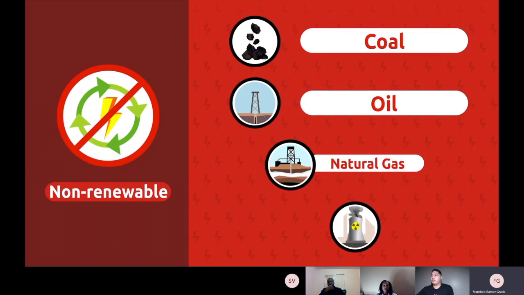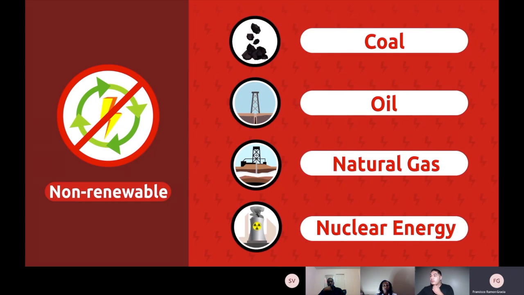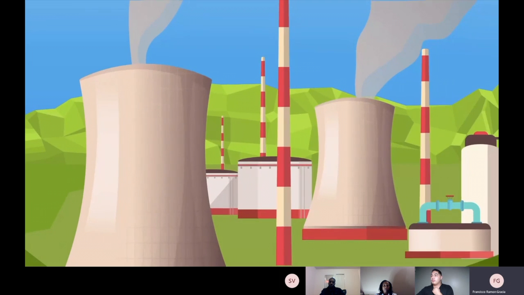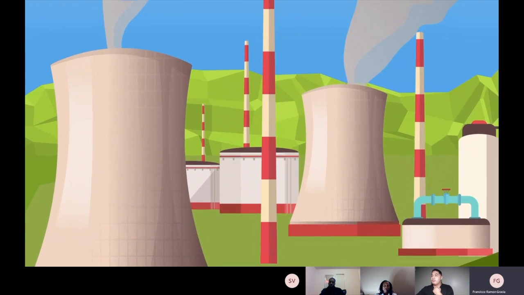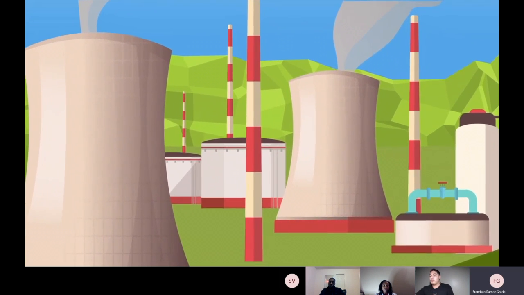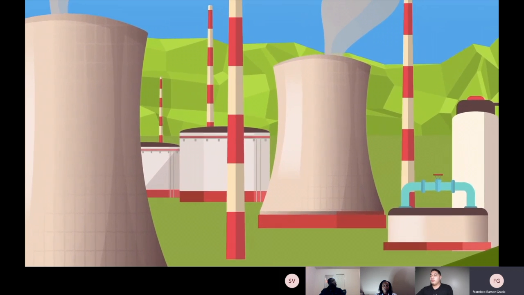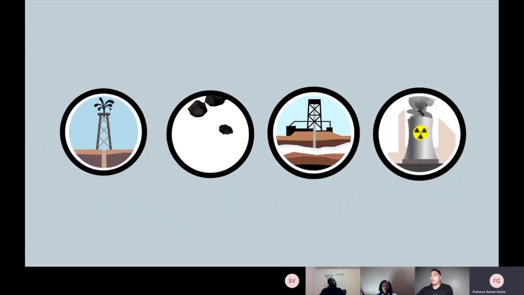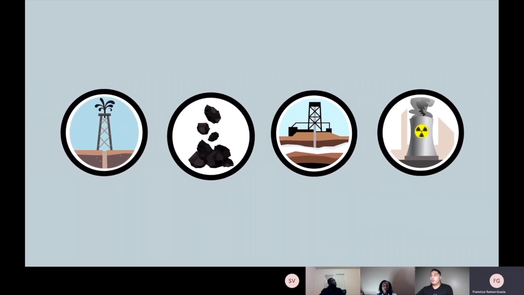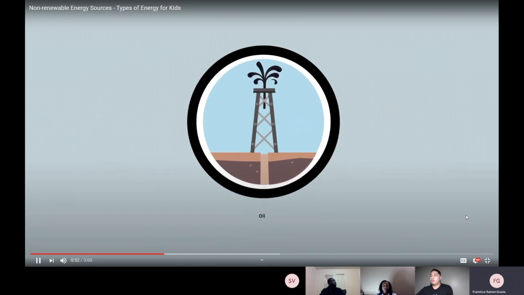Coal, oil, natural gas, or nuclear energy are examples of non-renewable energy sources. In nature, there are limited resources of this type of energy. That's why they may run out with use. These are some of the most well-known non-renewable energy sources.